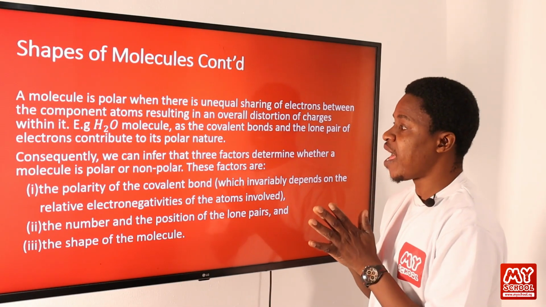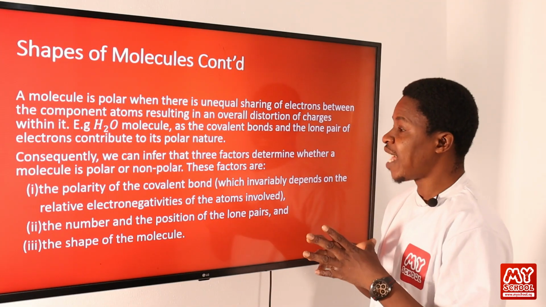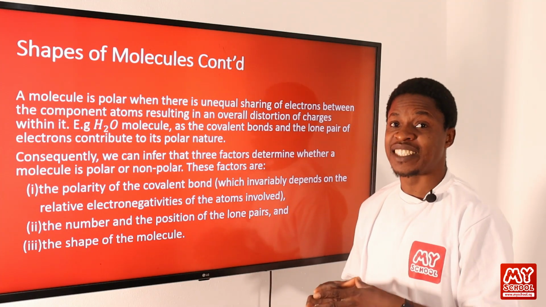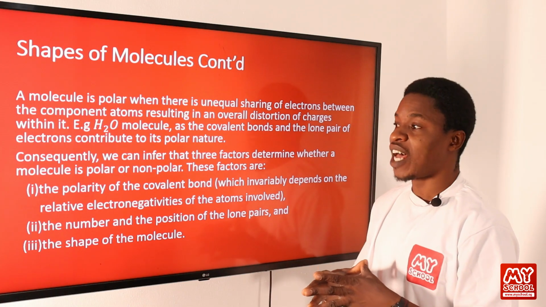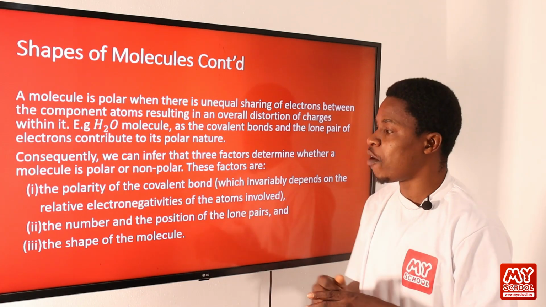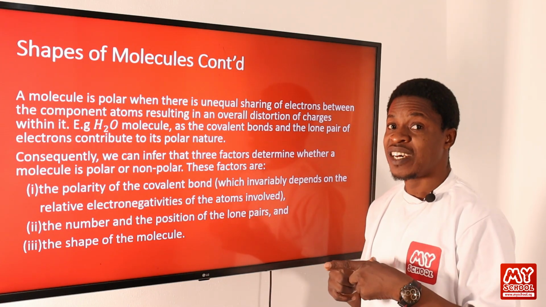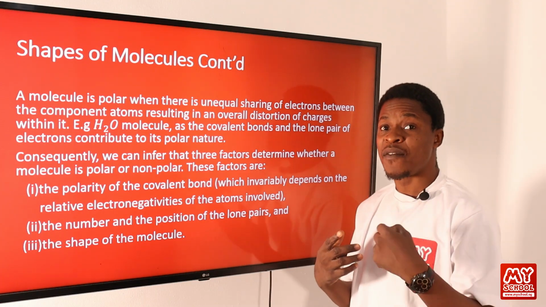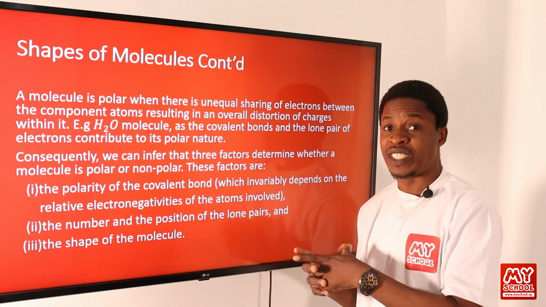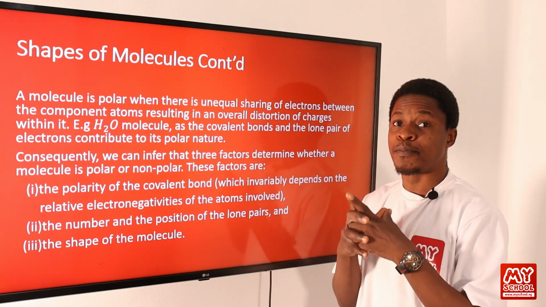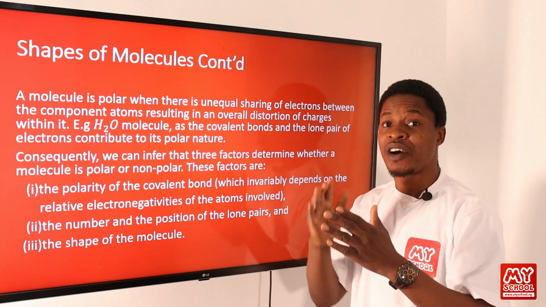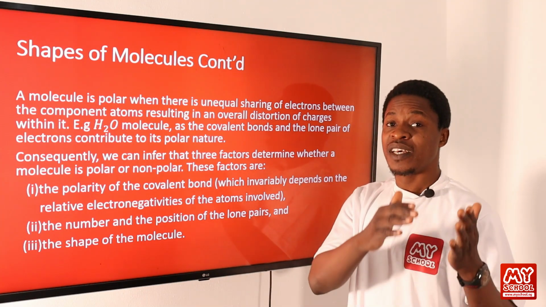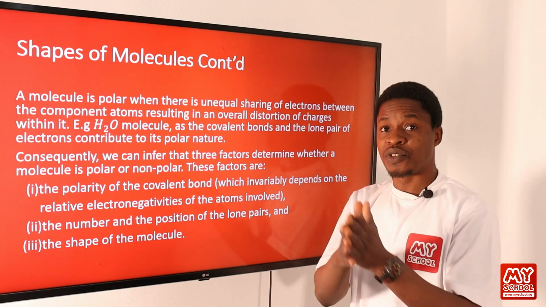Consequently, we can infer that there are three factors that determine whether a molecule is polar or non-polar. Number one, we have the polarity of the covalent bond. Don't forget that in the former video lesson on bonding, we said that covalent bonding usually takes place among molecules, unlike ionic bonding, where we have transfer of electrons from metals to non-metals.